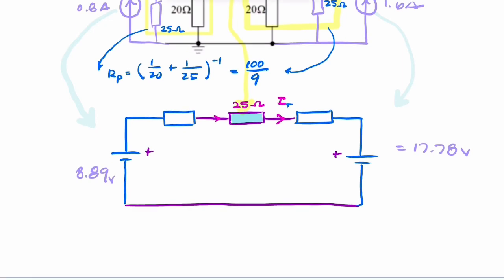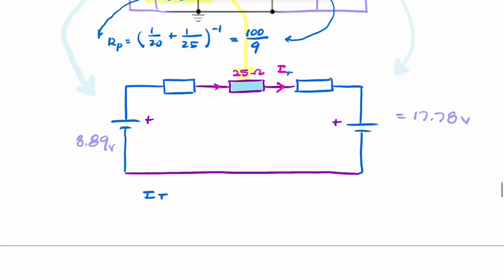So the current is simply the sum of the EMFs divided by the equivalent resistance.